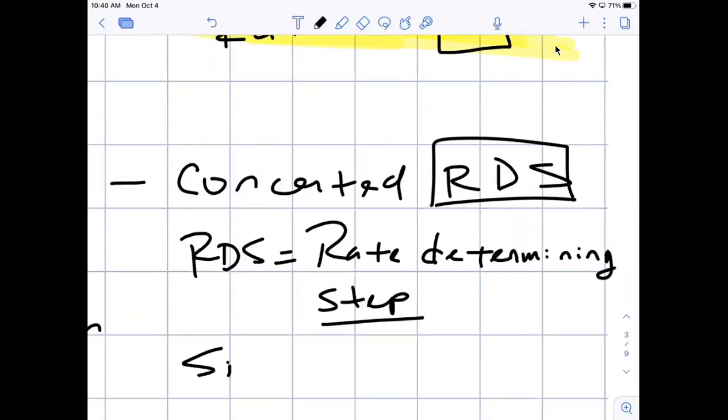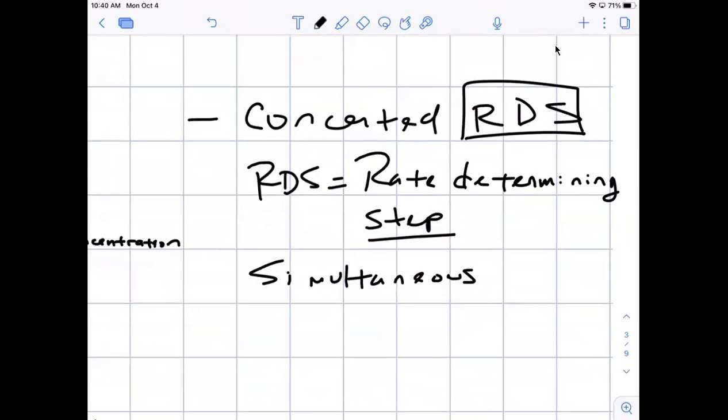Right, what that means is that it's simultaneous. Everything is all happening at the same time. Right, there are two types of reactions that can happen. You can have a concerted reaction, and then we're going to see for SN1, you can have a stepwise reaction. But the SN2 is concerted. All right.